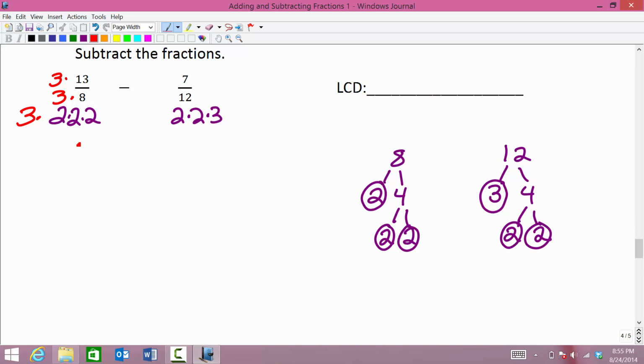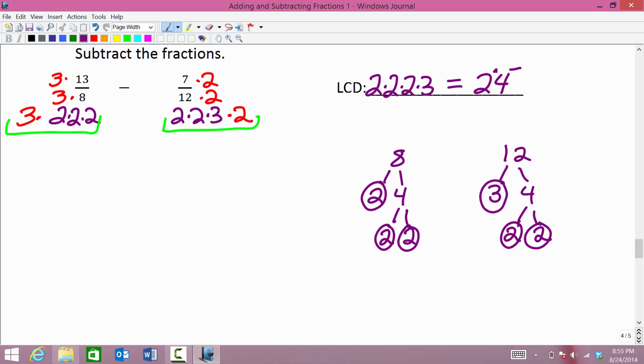Well, we notice that this one has a 2, an extra 2 that this one doesn't have. So we'll go ahead and multiply in that extra 2. Now when I look at my denominators, we see that they all have exactly the same factors. Everything matches. So our LCD would be taking all of those matching factors and multiplying them together, and we get 24 as our LCD.